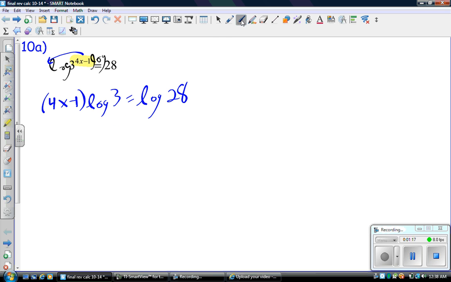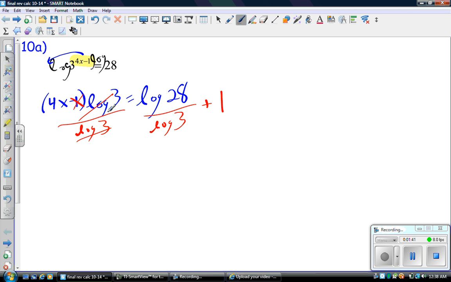I can divide by log 3 on both sides. So you get some number there. And then again, just think, okay, now that 4x minus 1, that's all that's left over here. So I would then have to add the 1 over, so that goes away.